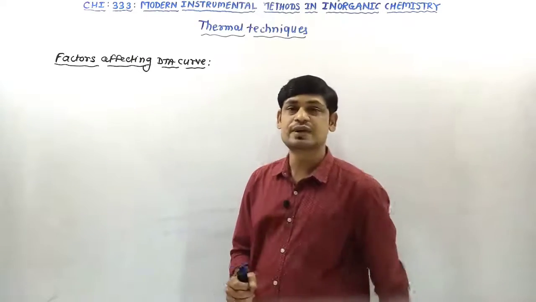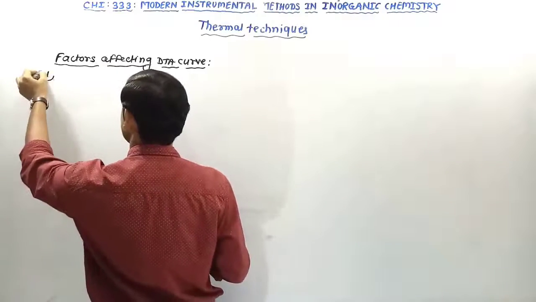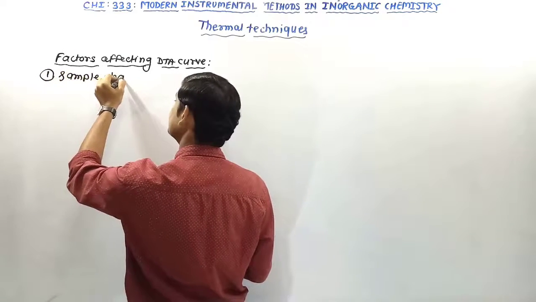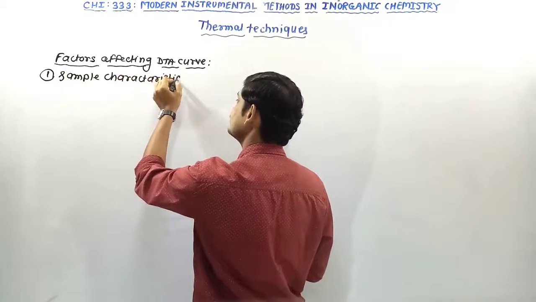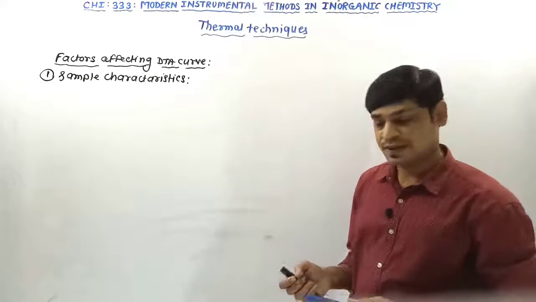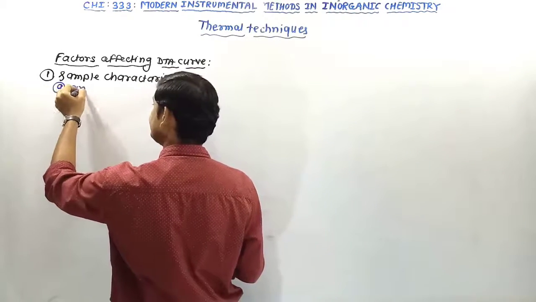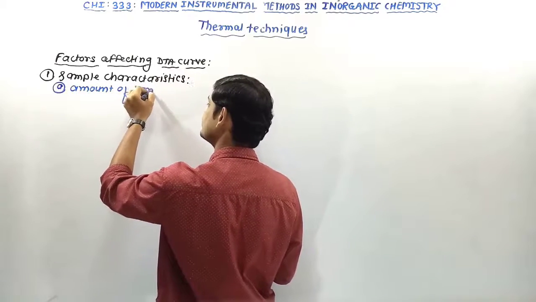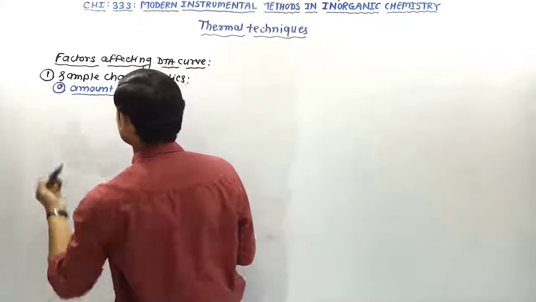We start with the first one, sample characteristic. The first sample characteristic is the amount of sample.